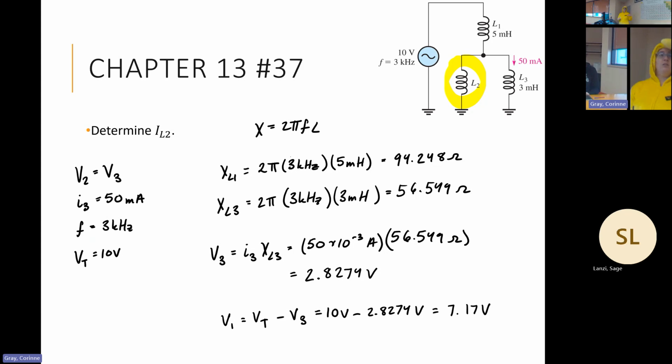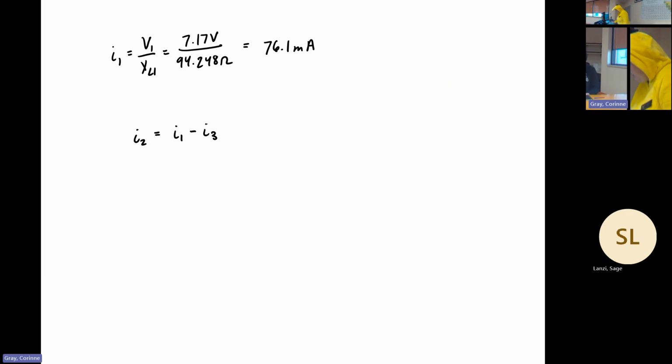That means the remainder of it has to be going through inductor 2. So we have our 76.1 milliamps minus the given 50 milliamps in the circuit. Plugging that in, I2 is equal to 26.1 milliamps.